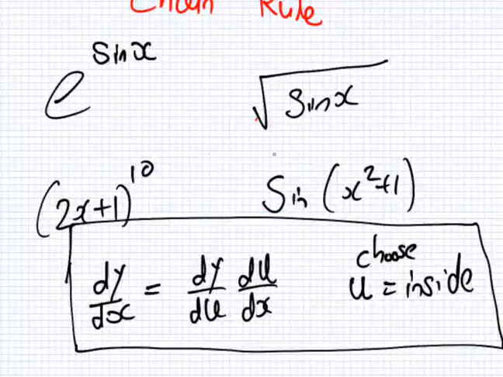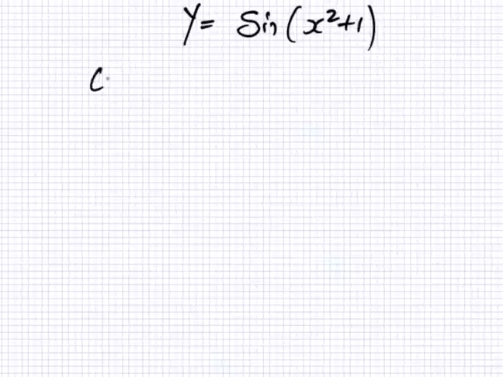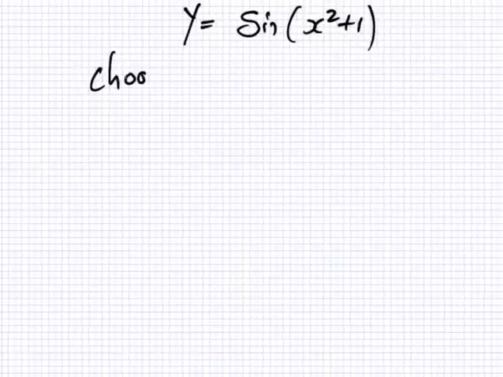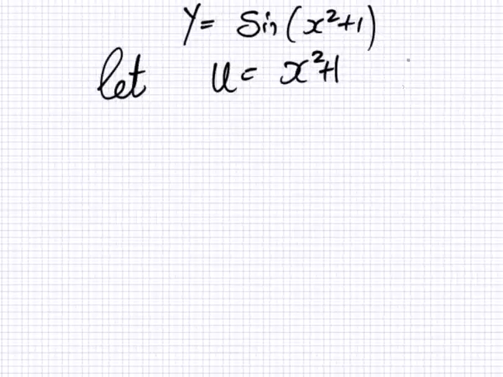So the chain rule, the formula, so to speak, is dy/dx equals dy/du times du/dx. Now this makes sense because in a way the du's cancel, leaving you with dy/dx. And usually we can choose the u. It's our choice. And we usually choose the u to equal whatever's on the inside.